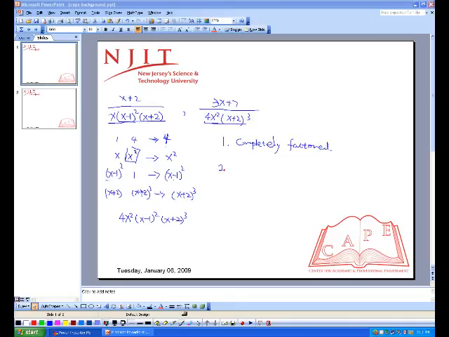The second step is you find the least common denominator for each base. And usually you pick the higher power as the LCD. Okay, pick the higher power.